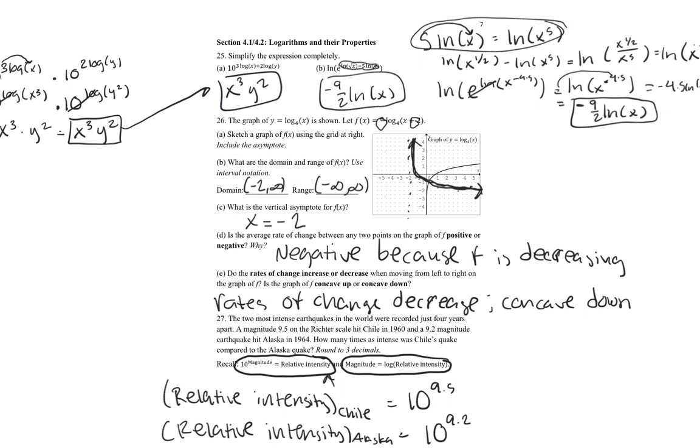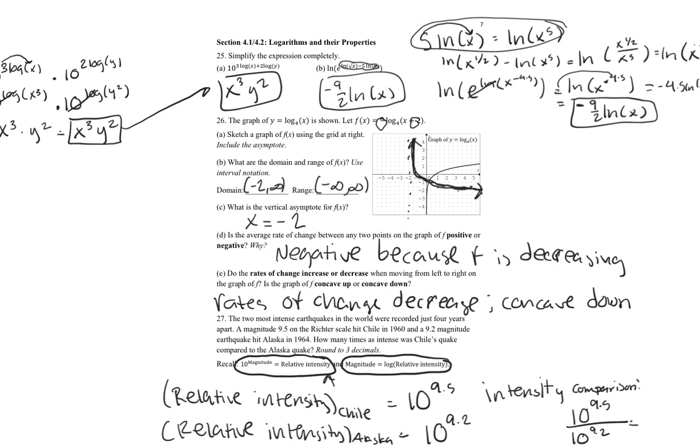And so to find how many times as intense Chile's quake was compared to Alaska's quake, I'll just say intensity comparison. To find that, I'll take Chile's relative intensity, 10 to the 9.5, divided by Alaska's intensity, which is 10 to the 9.2.